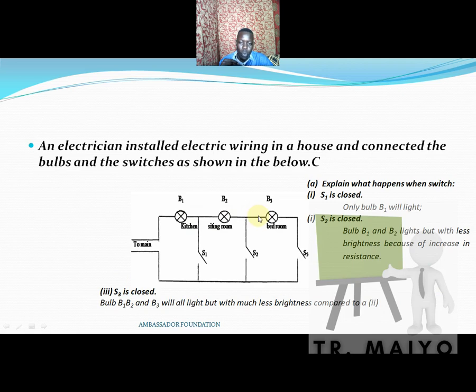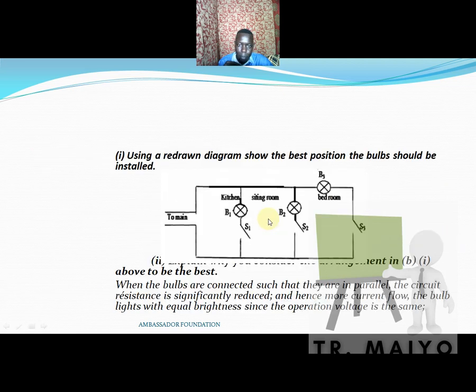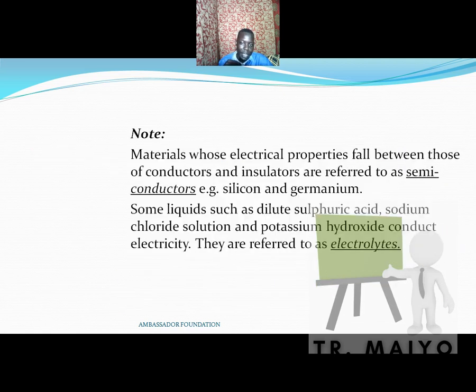So when you are told to redraw, you take this bulb to be here, take this other one to be here, to be in parallel. After taking B1 this side, take B2 here, then B3 can remain there, because now all of them are in parallel. And when one goes off, the rest will still function. They will function independently.